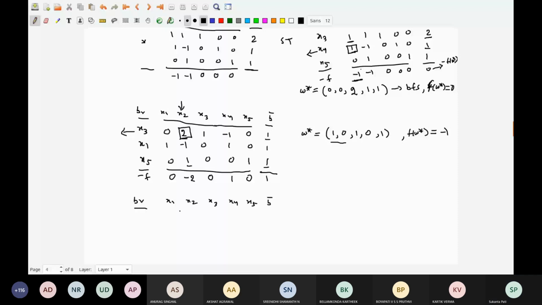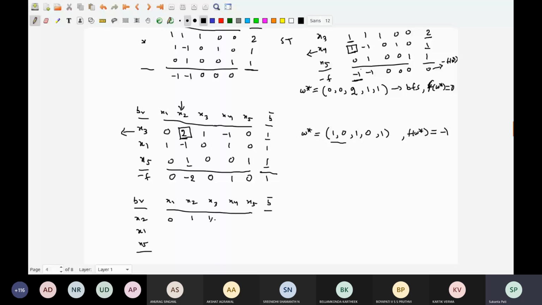Okay, and then I will be writing x2, x1, x5. And what do I have to do? Now the pivotal entry there has to be converted to 1, and the rest of the entries in that column have to be converted to zeros. So pivotal entry has to be converted to 1, so that will be 0, 1, half.